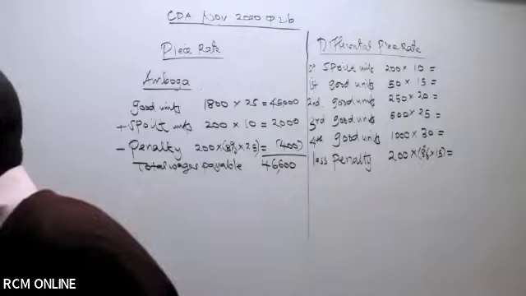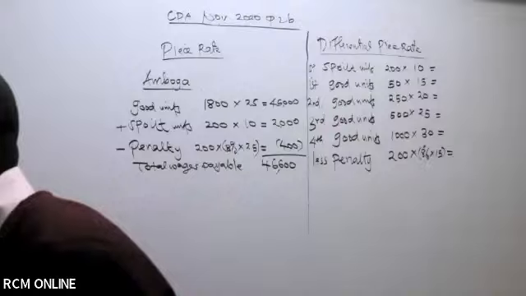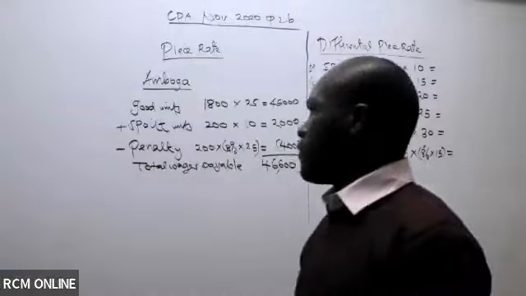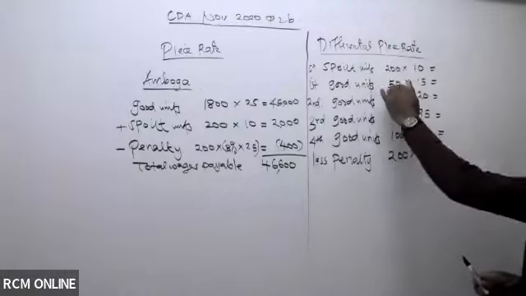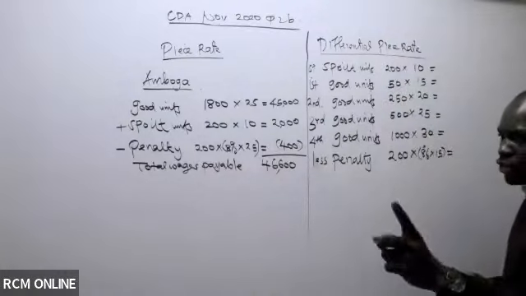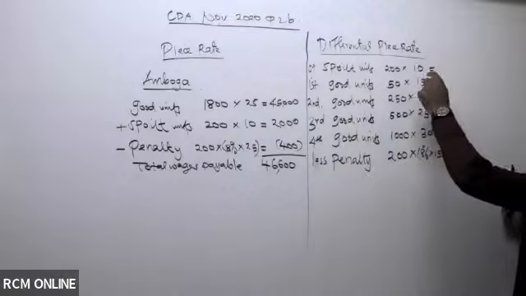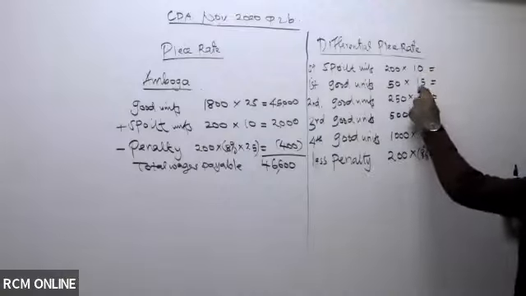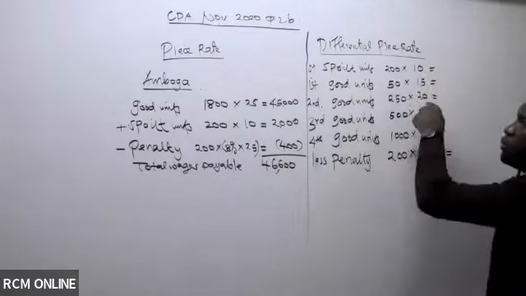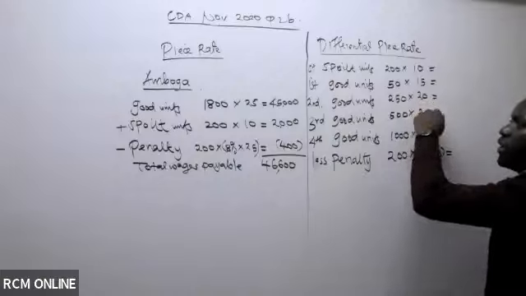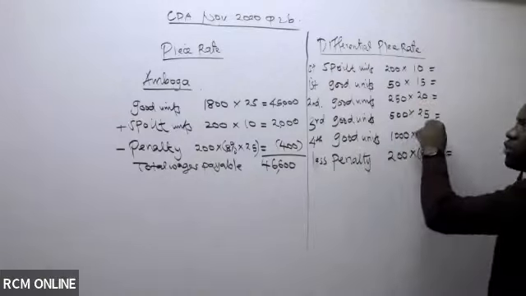Then Janet has a question here. Must we calculate per range or we just say over 1,000 and use the rate of 30 over 1,000? Good, that is what we've done. First of all, the first 250 will be paid 15 shillings. The next 250 will be paid 20 shillings. The next 500 will be paid 25 shillings.